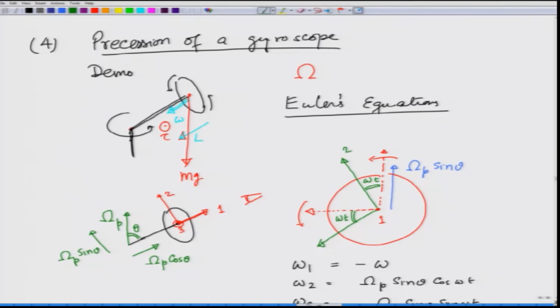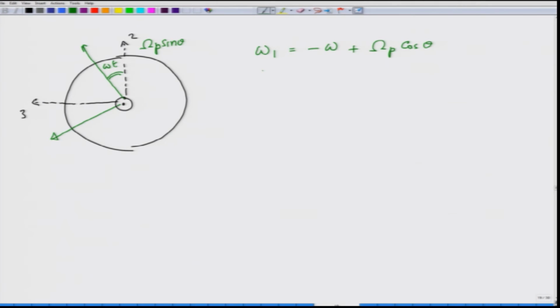Let us see if it is in that direction. Yes, omega p cosine theta is indeed in the direction of positive 1. Omega 2, which we have written as omega p sine theta cosine of omega t, and omega 3, which is equal to omega p sine theta sine of omega t.